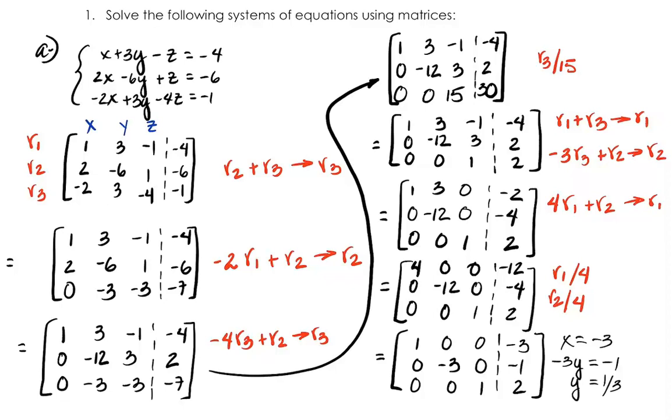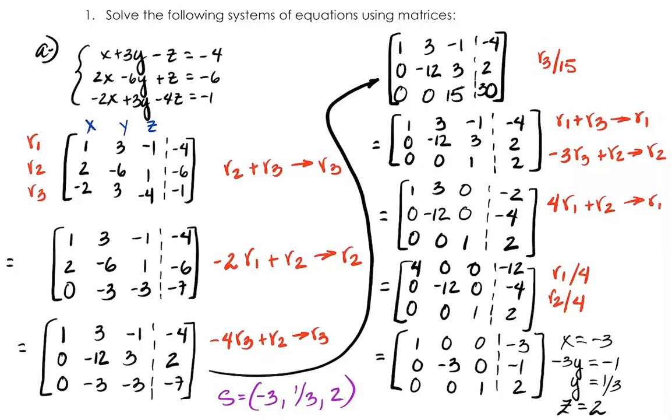And according to the third row, 1 is a coefficient of z, so we can say that z equals 2. So the solution to this system is x equals negative 3, y equals 1 over 3, and z equals 2.